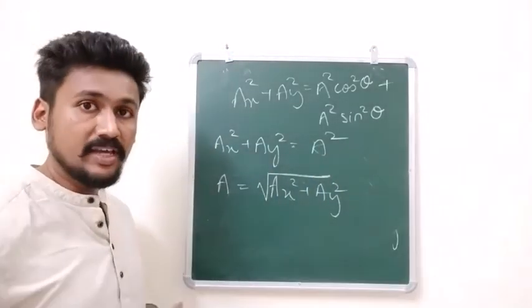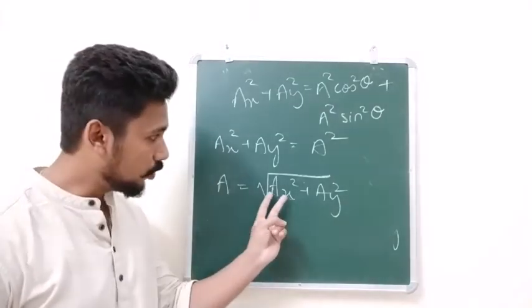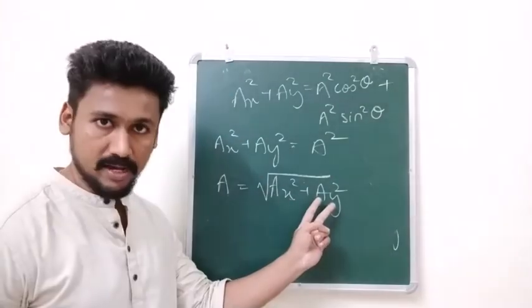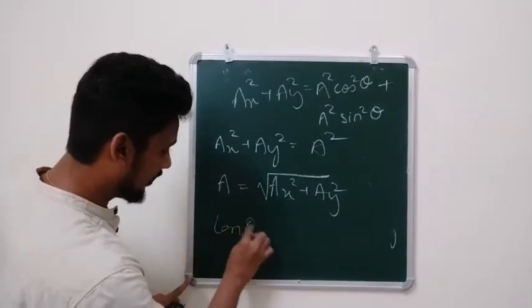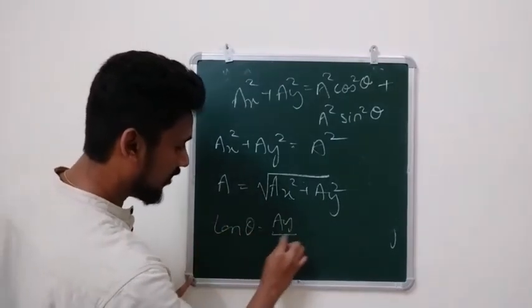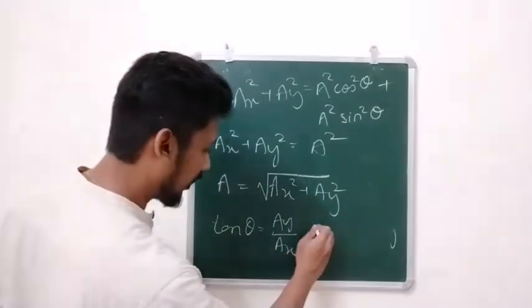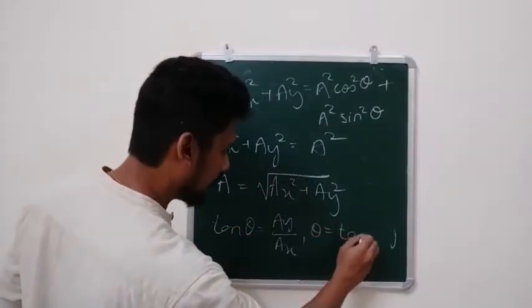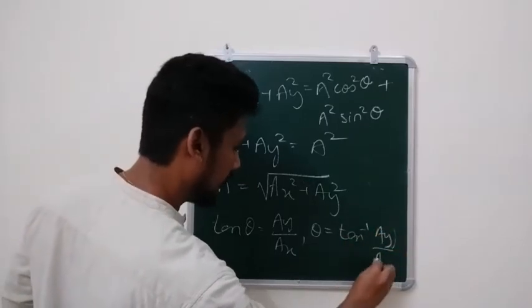So it is very easy to find the magnitude of any vector if we know its x component and y component. Similarly, you will see that tan of theta will be equal to AY upon AX, opposite upon adjacent, or you can say therefore theta will be equal to tan inverse of AY upon AX.